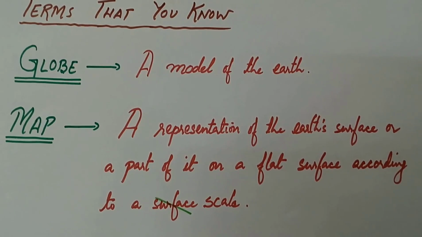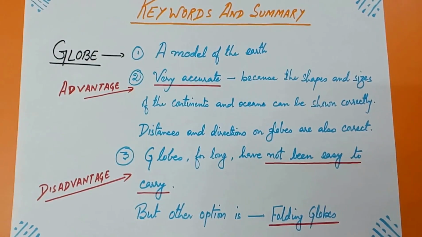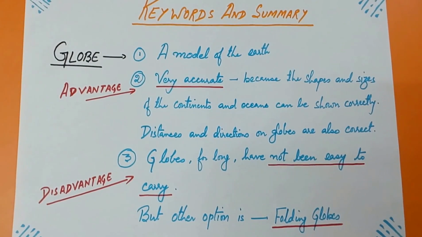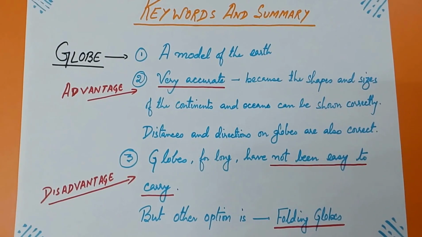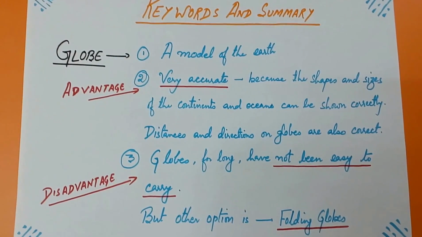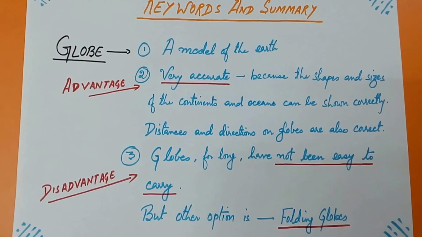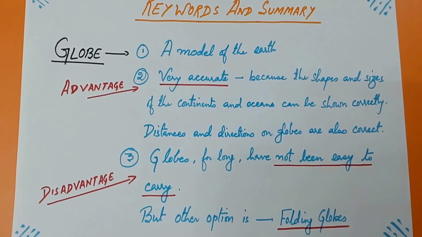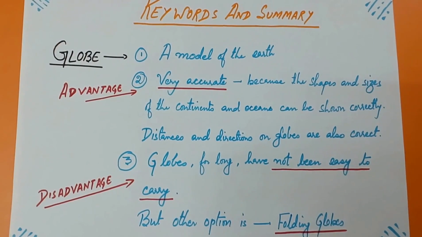It may be that a part of the earth is shown on the map or the whole earth is shown on the paper. Now we will deal with the second part of the chapter, that is keys and the summary. The first term is globe. A globe is a model of the earth. Second point is, which is the advantage of the globe? It is very accurate because the shapes and sizes of the continents and oceans can be shown correctly.